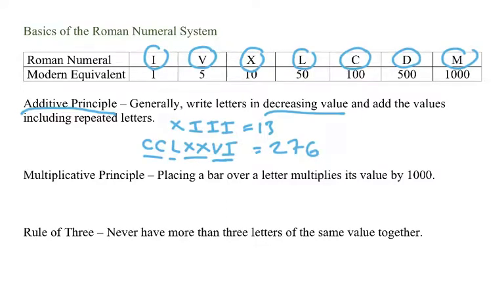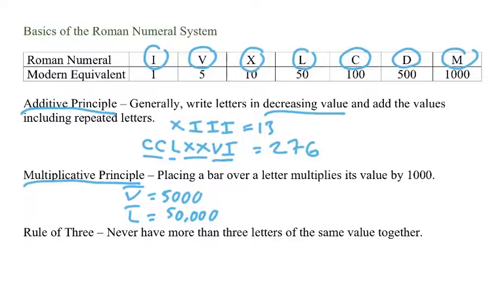Another principle could be called the multiplicative principle. This is used to represent very large numbers. Placing a bar over a letter multiplies its value by 1,000. So V represents 5, but if you put V with a bar over it, that's 5,000. Or if you take L with a bar over it, L represents 50, but multiplying by 1,000, that would be 50,000.